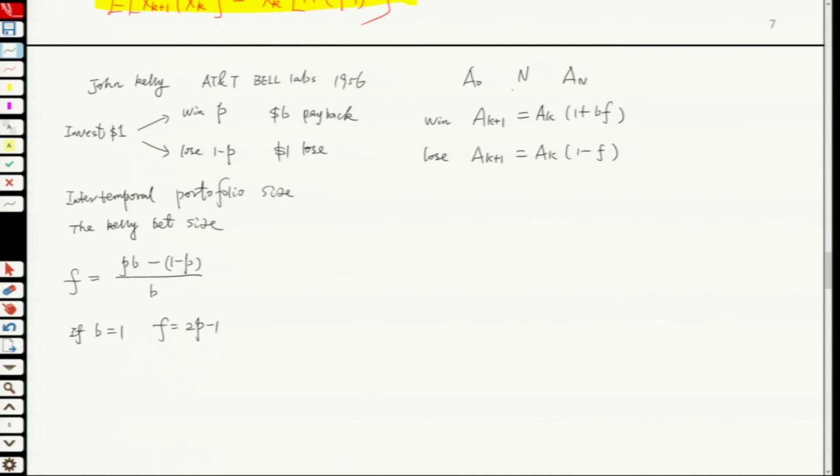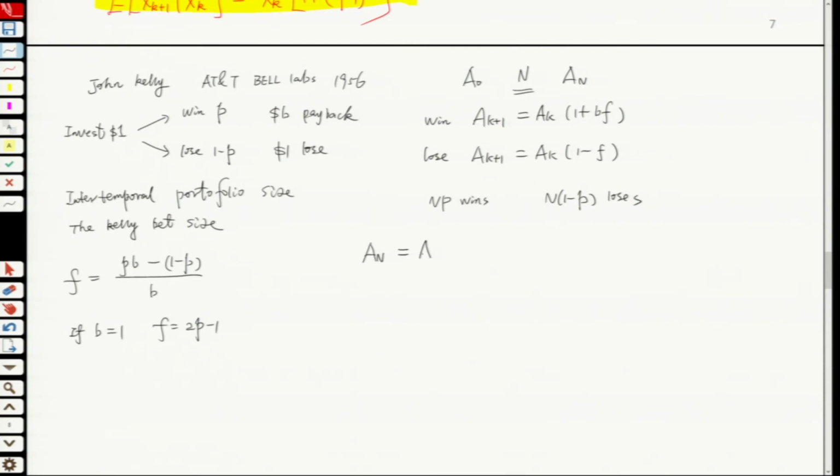Now we tried n times, so we will have nP wins and n(1 minus P) losses. So what is AN?